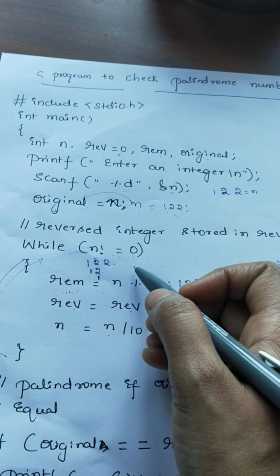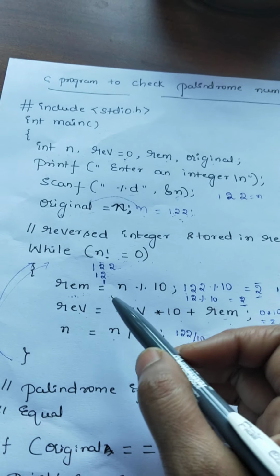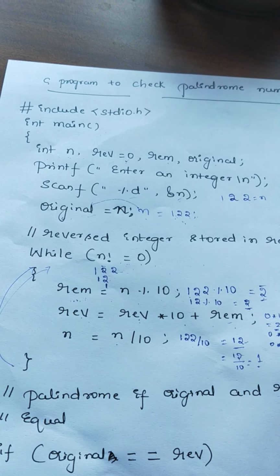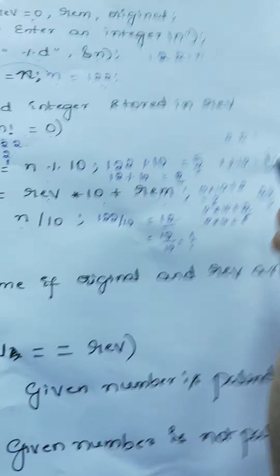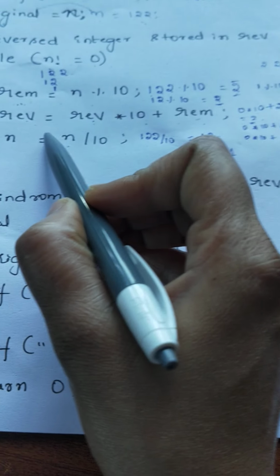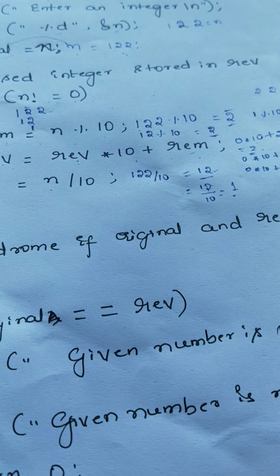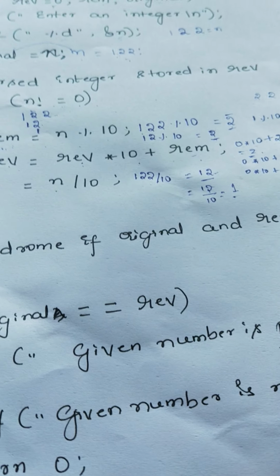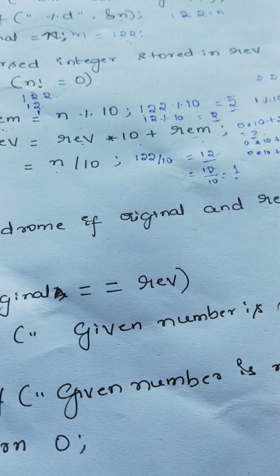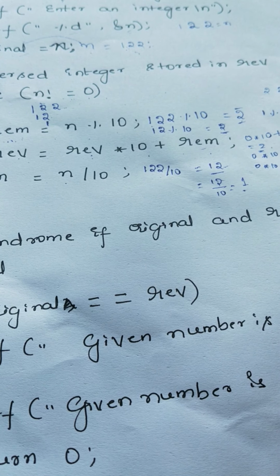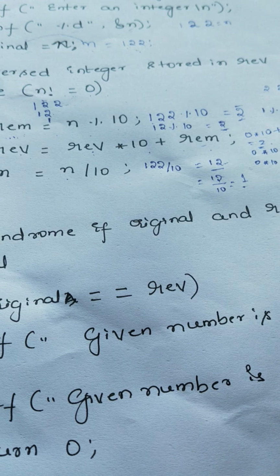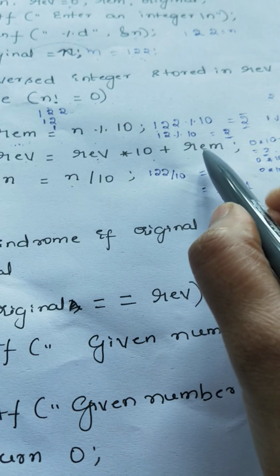1 not equal to 0, yes. Then 1 modulo 10 is 1 we get, and then reverse is equal to reverse star 10 plus remainder. What's the reverse value we got previously? 22. 22 star 10 is 220, plus remainder we got is 1.